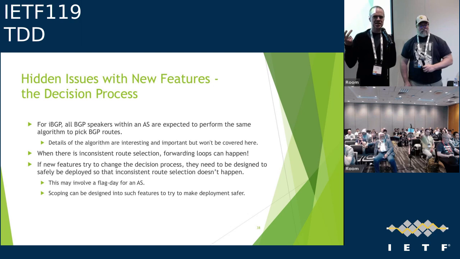And it's unfortunately fairly common for people extending the protocol to think, oh, I just need to change the decision process a little bit for my new attribute, and to not really think through what the implications are going to be when that thing is deployed.